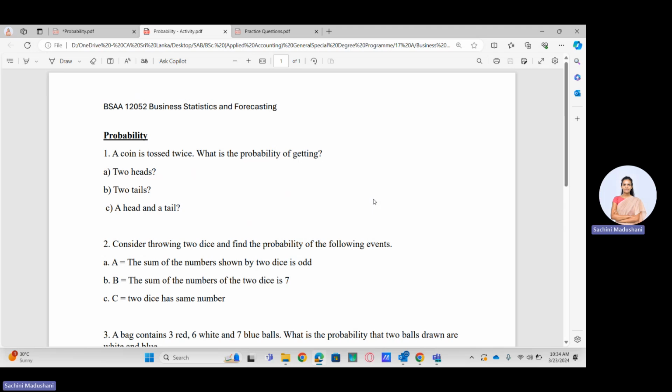If we get a head in the first attempt, the second time we can get a head or tail. If we get a tail at the first attempt, in the second attempt we can get a head or tail. Then what are the probability values here? Same, no? 1 over 2.